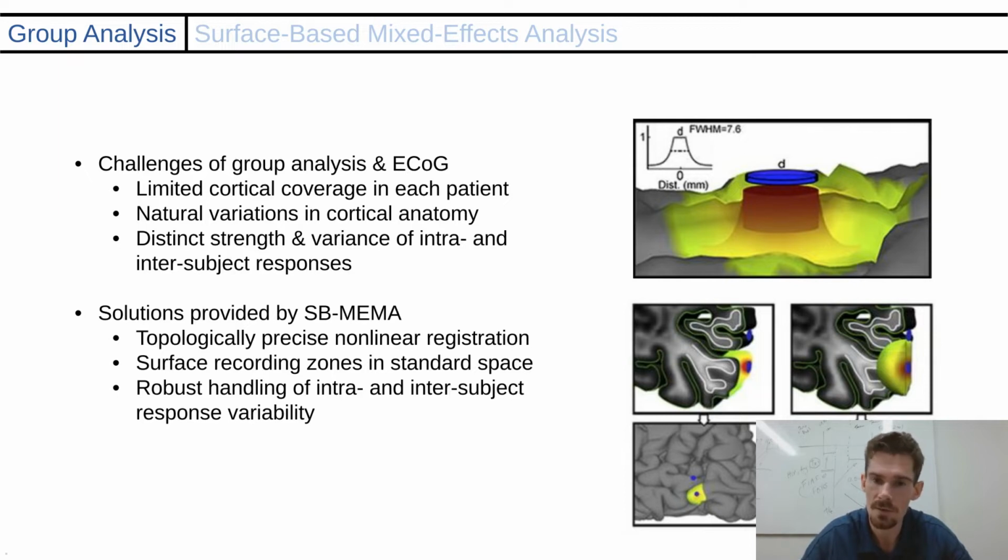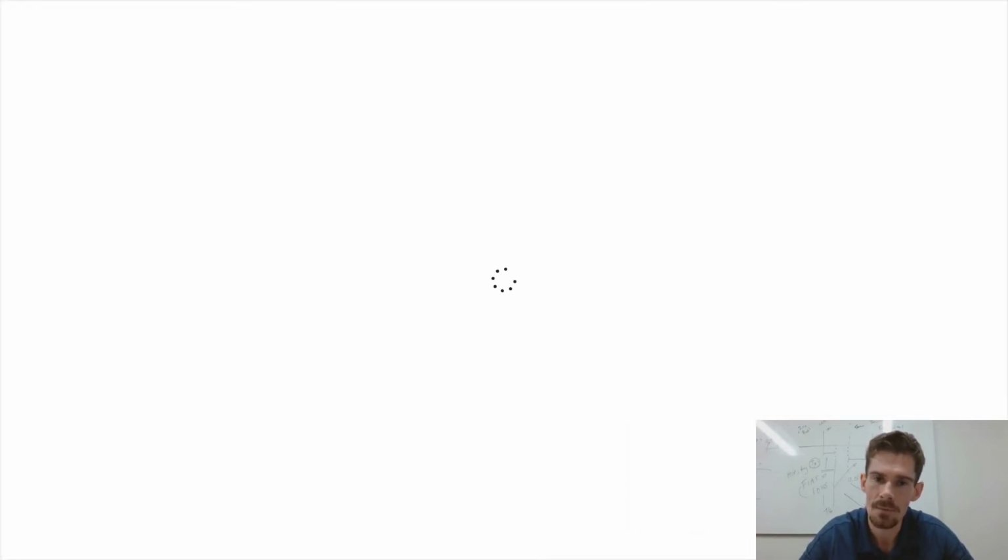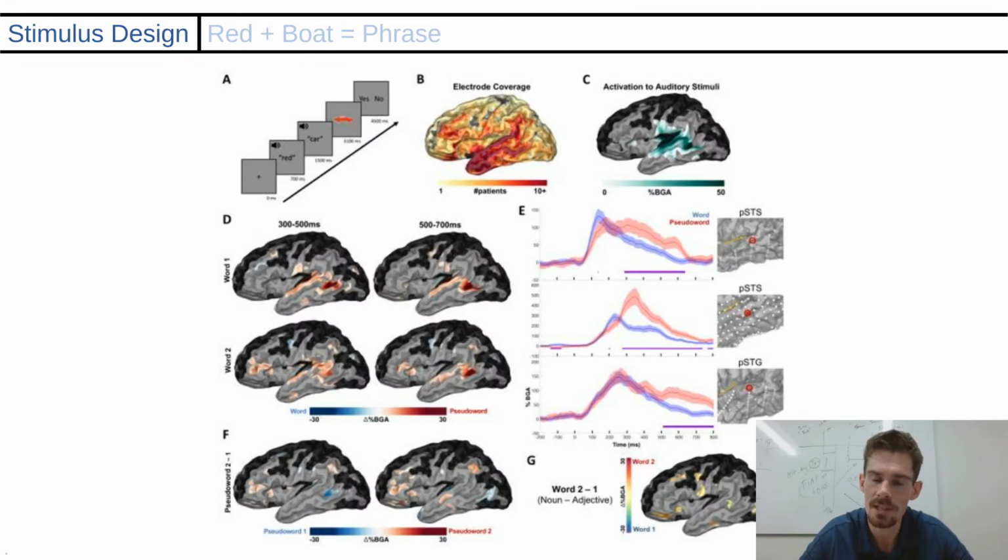It generates surface recording zones in standard space, and it allows you to plot high gamma signatures across cortex in a way that shows local cortical processing. We're going to use that technique to tap into a very simple paradigm.